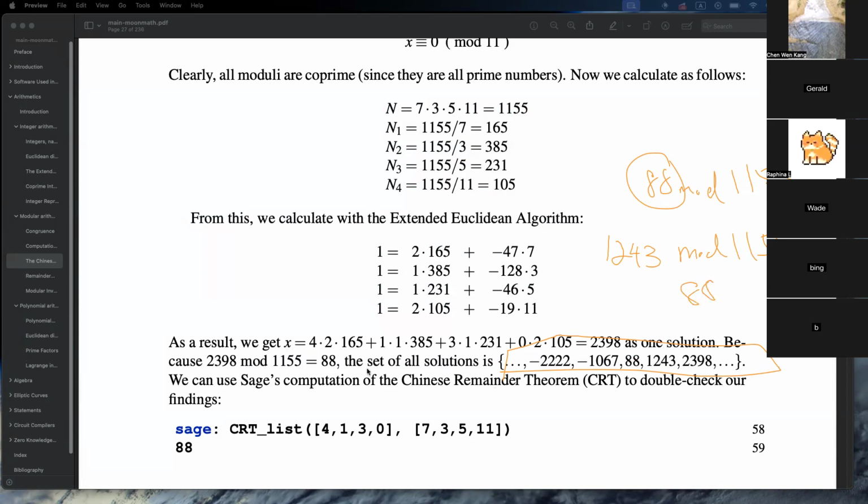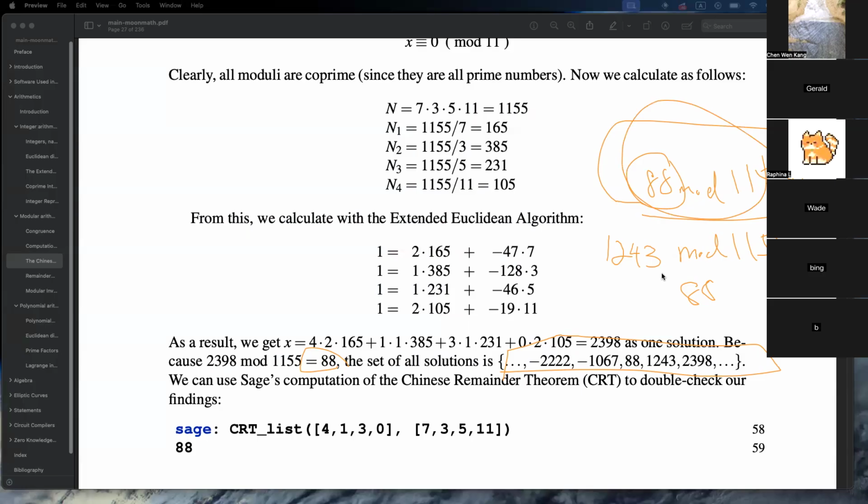So the answer you get is 88 mod this, but it's actually a set. The solutions for this are a set. You're right to think that 88 is the answer. It's just that to be a little more specific, or more accurate, it's a set of numbers that is this. The negative numbers do the same thing. It's just minus, right?